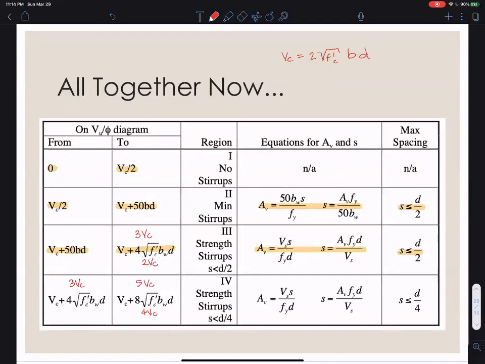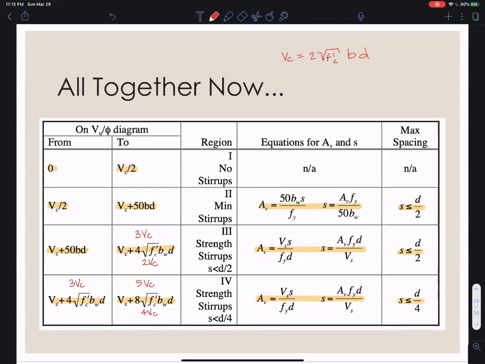So anywhere on your shear diagram from Vc plus 50 b d up to 3 Vc, you're going to have s less than d over 2, and you're going to use those equations there. And anything from 3 Vc to 5 Vc, you're going to use the same equations, but the maximum spacing now decreases to d over 4.